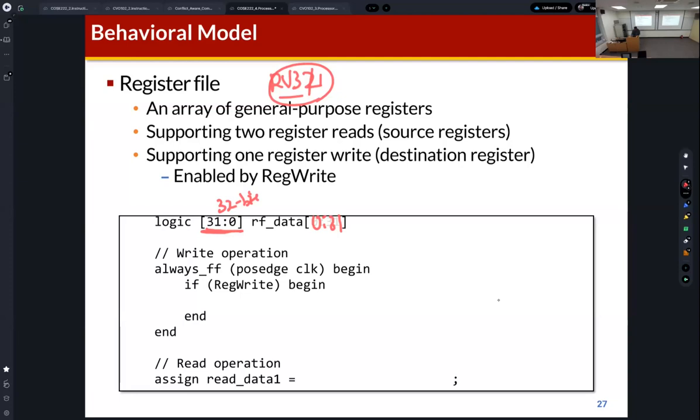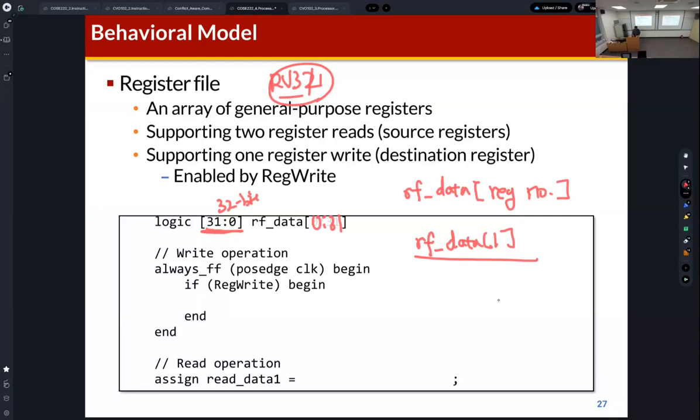So we can access the register file like RF data and then the register number like this. If we want to access register number 1, we can access it like RF data 1.